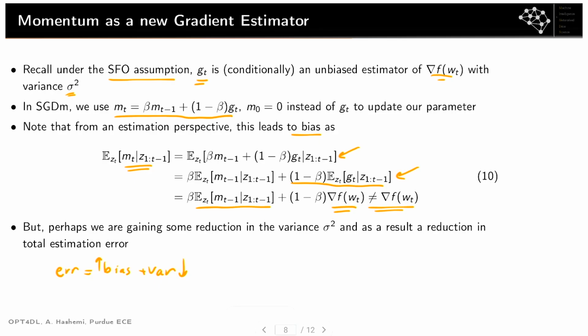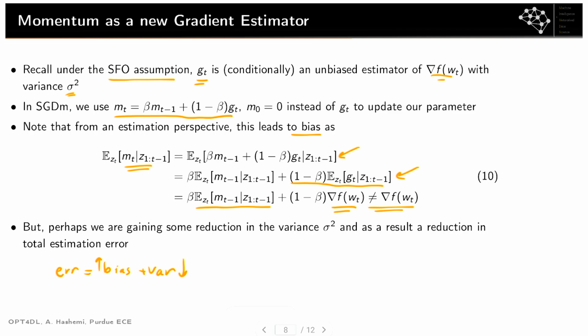And in fact, this is what is happening. By gaining some bias, we are reducing the variance, and as a result, we actually observe a reduction in total estimation error.